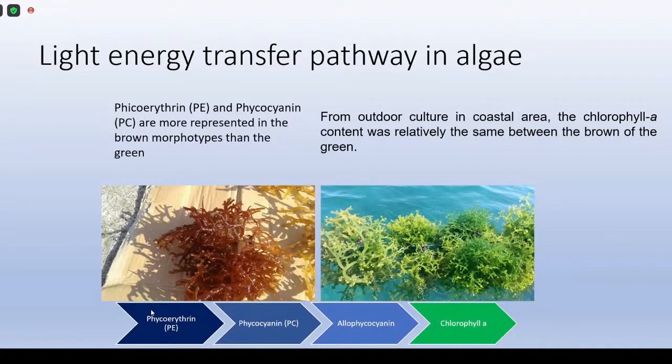So this is the light energy transfer pathway in algae: from phycoerythrin to phycocyanin, then to allophycocyanin, and then to chlorophyll A. This is the outdoor culture in a coastal area, where the chlorophyll A content was relatively the same between the brown and the green. We can see that the green one has relatively the same chlorophyll A content, but it is different with phycocyanin and phycoerythrin.